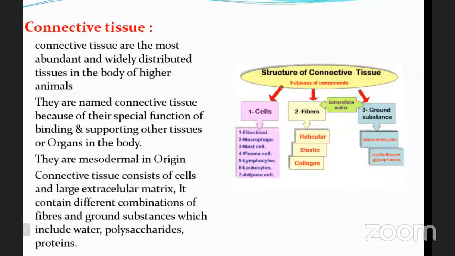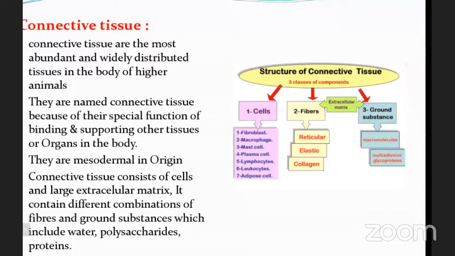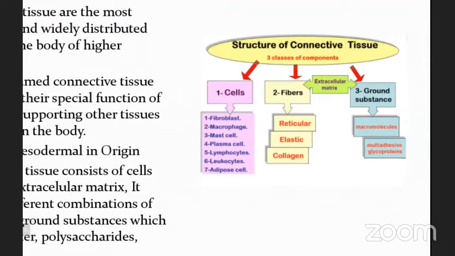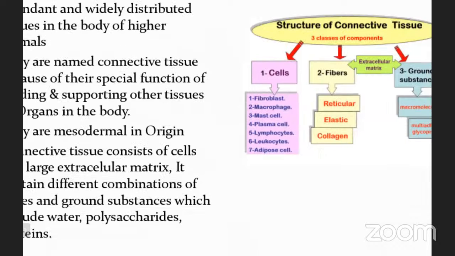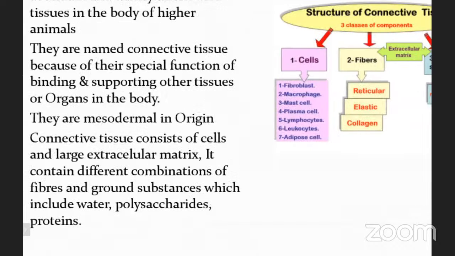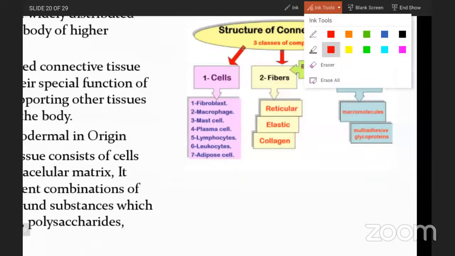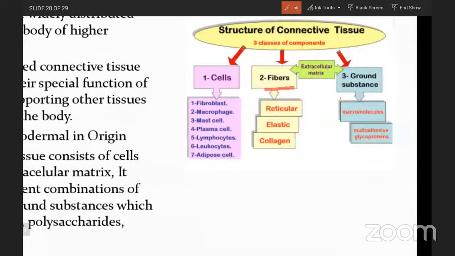The structure of the connective tissue has three components: cells, fibers, and ground substances. Here the fibers and ground substances come under the extracellular matrix.